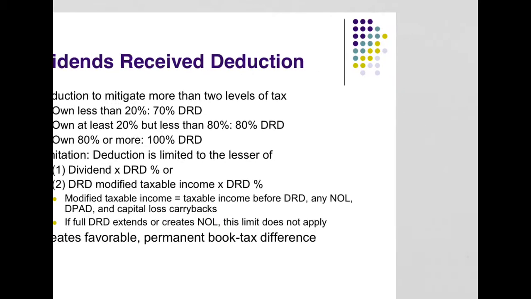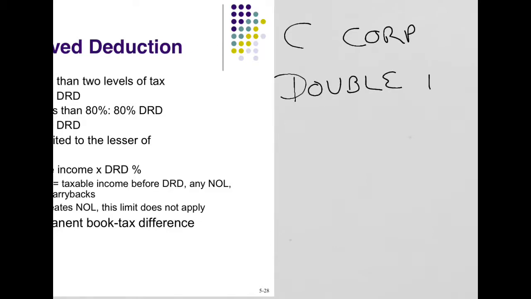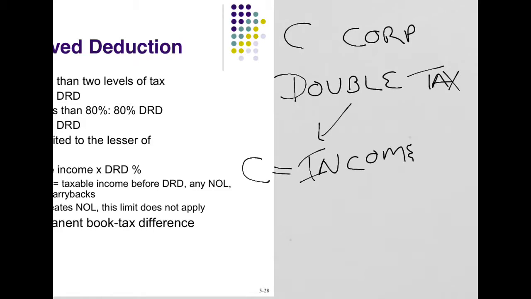What happens here is the concept of the following. We talked about this perhaps a little bit: we know that C corporations are subject to a double tax. Here's the theory. How so? A C corporation makes income and pays a tax.